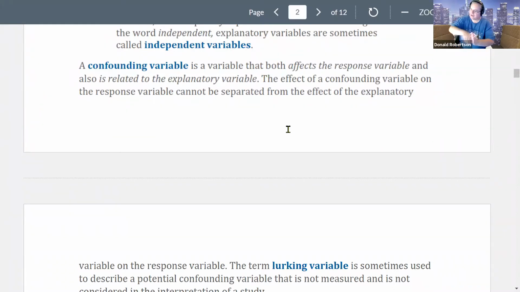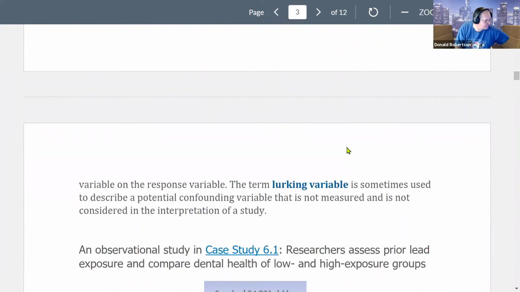So your x-axis isn't always going to be the cause of your y-axis, right? Your explanatory variable is not always going to be the reason for the response variable. So be on the lookout for confounding variables. That's when people make the wrong conclusion based on the data in front of them. And it's so easy to do.